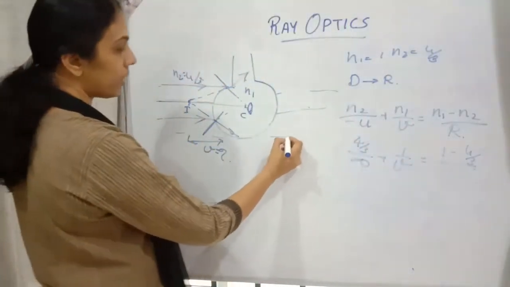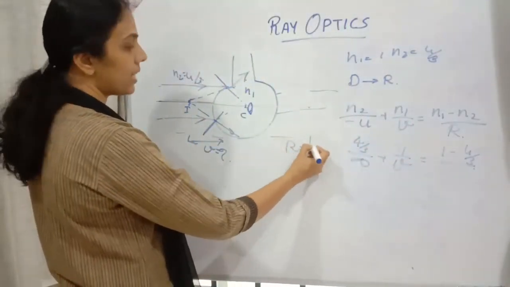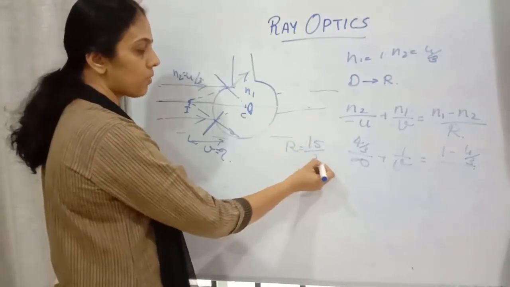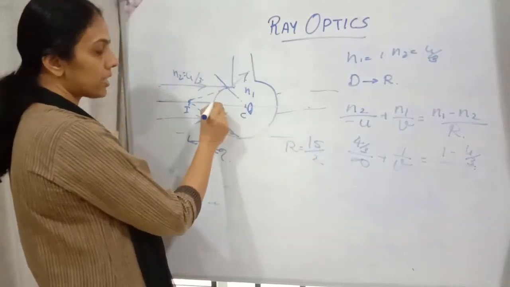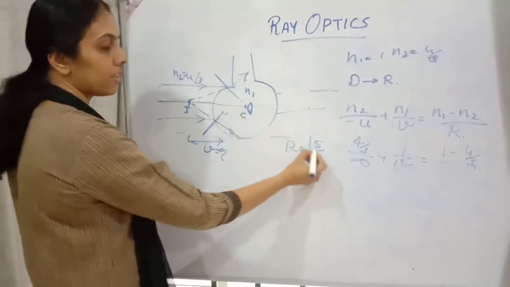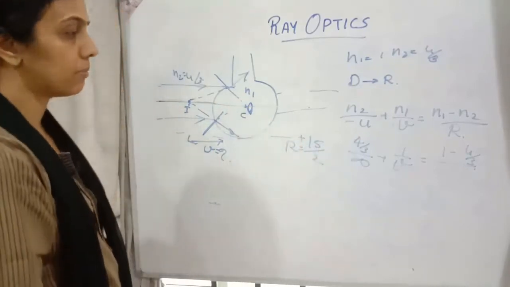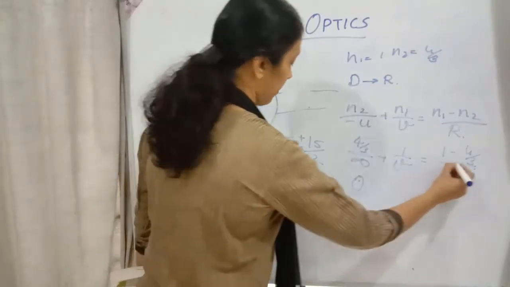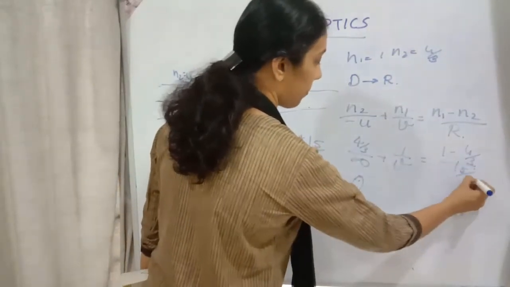what is the value of radius? Radius, it is given as 15, right? So diameter is 15, so radius is 15/2. The center lies on the right side of the spherical surface, so it will be positive. So 4/3 times 1 by infinity is 0, and here 15/2.